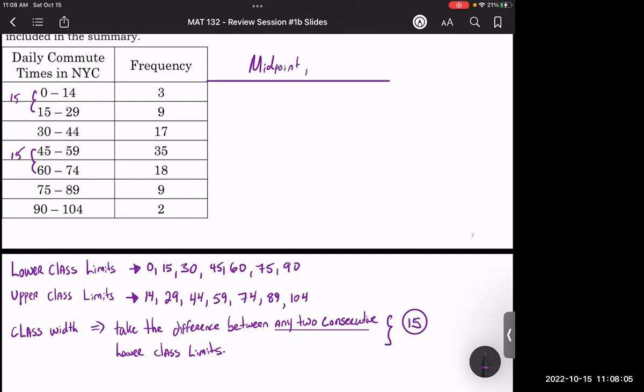It's denoted as an X with a subscript M. What is 0 plus 14? 14. Then 14 divided by 2 is 7.